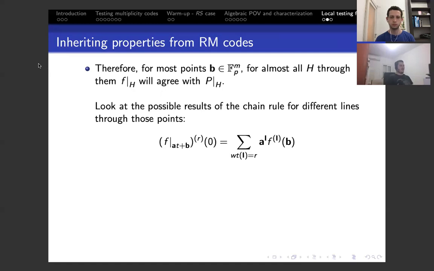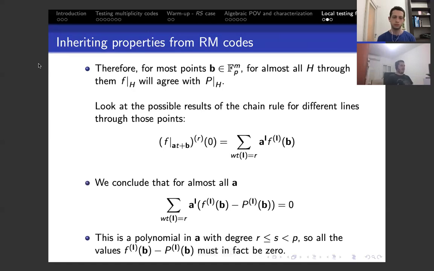So we just compute the derivative for every line through those points on this subspace. Okay, so we know that on those lines, we have an equality between the derivative of f restricted to a line and the derivative of P, which can be computed by the directional derivatives.